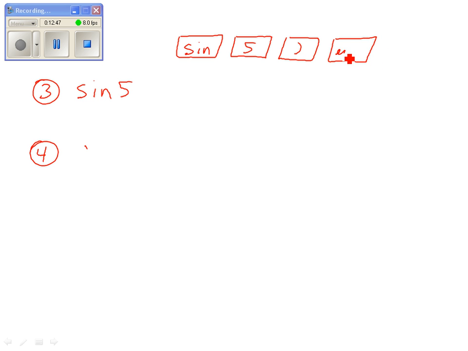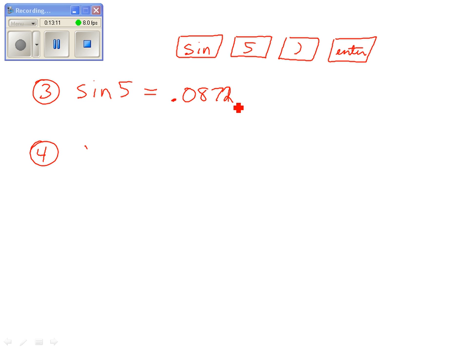Then you hit enter or equals, whichever your calculator says. So you just hit sine 5, hit enter, and it tells you that the sine of a 5-degree angle is 0.0872. We round it up. So that's all you're going to do.